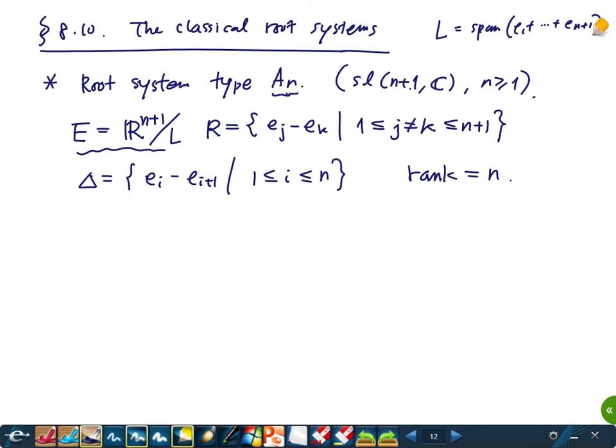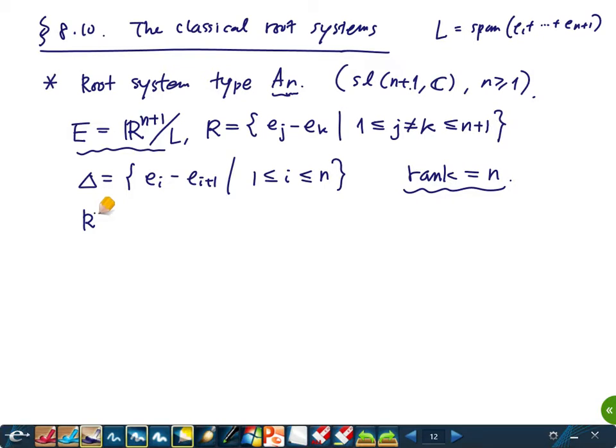So we don't use the whole space. We quotient by the line because everything here, their sum is 0. We don't really use the space outside of this hyperplane consisting of vectors with component sum 0. But anyway, the real dimension is n.